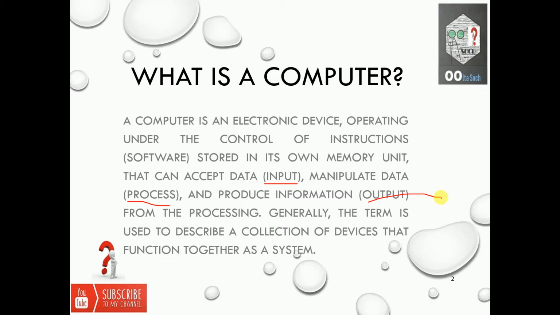In fact, this is a high-speed electronic device which accepts raw data as input, processes it, and makes quick, meaningful output. See, this is the system. You will give raw material, raw data as input, then computer will process it and give you some output, right? So in details we'll learn also.